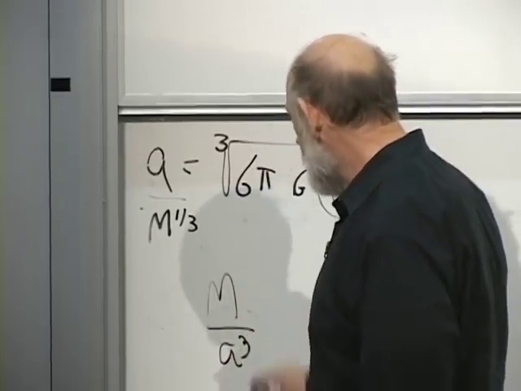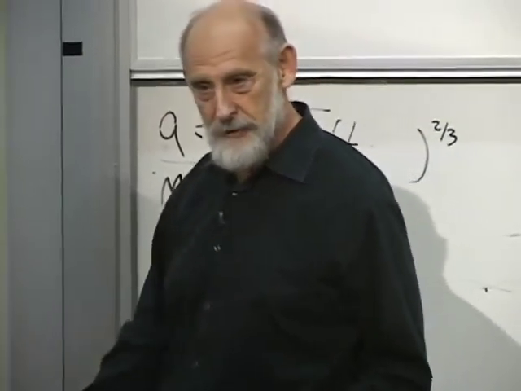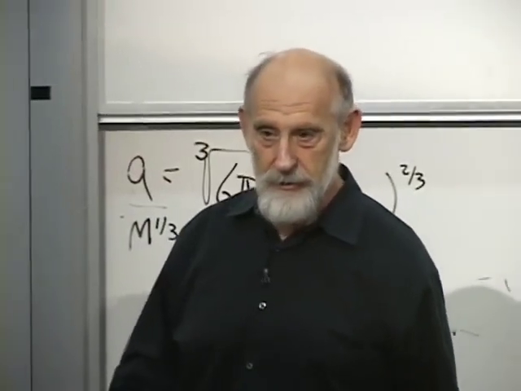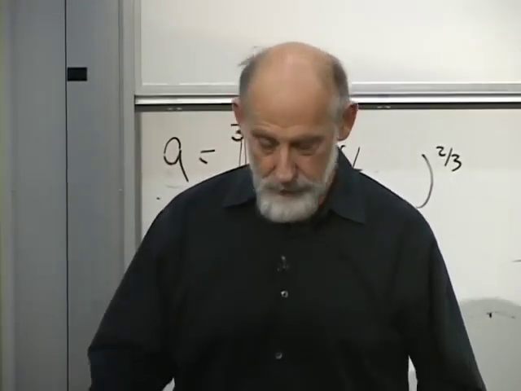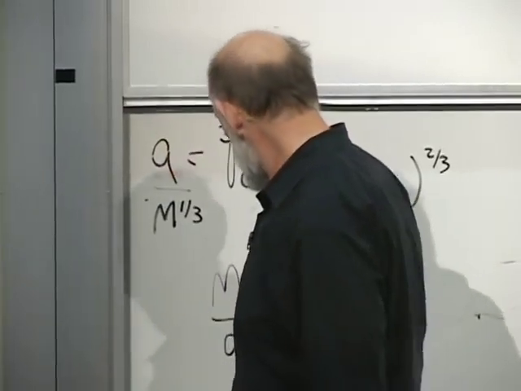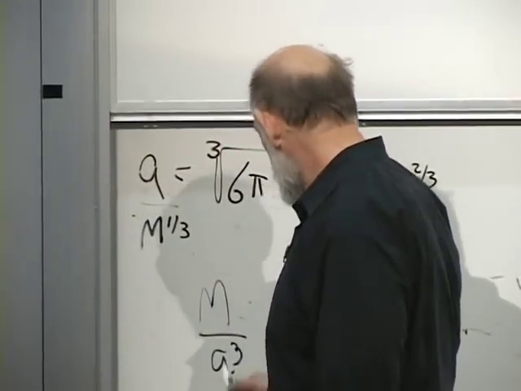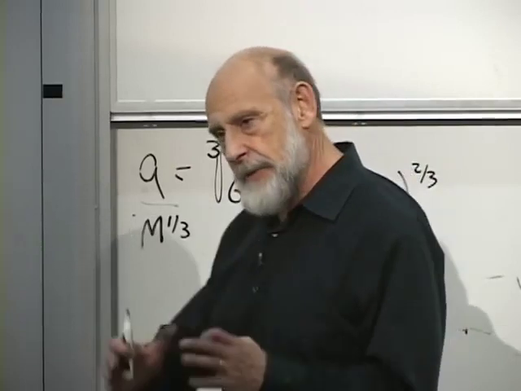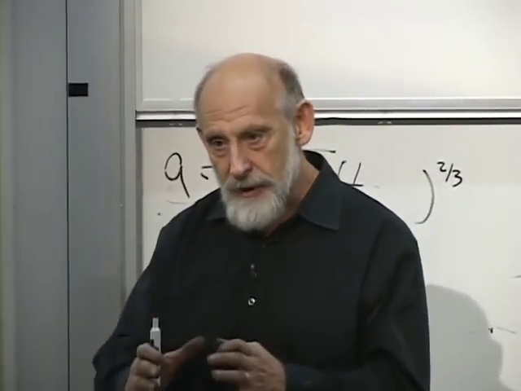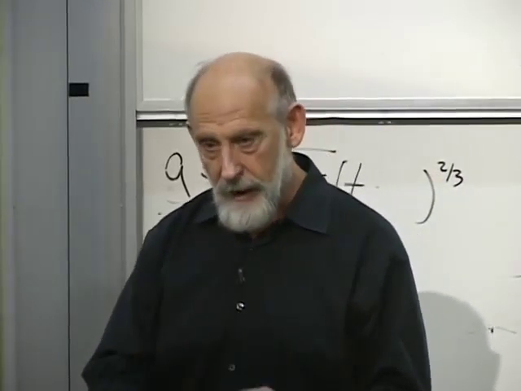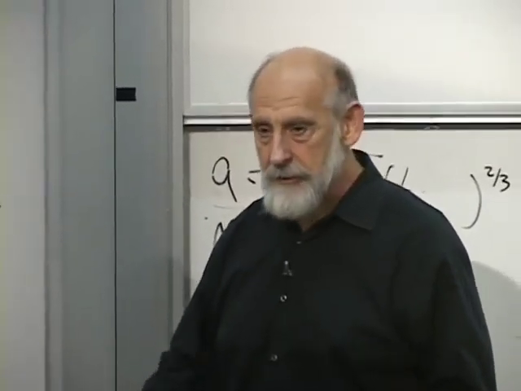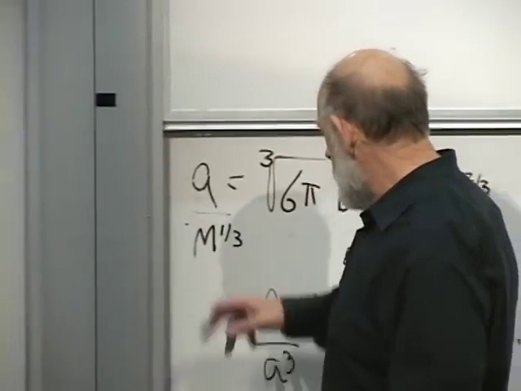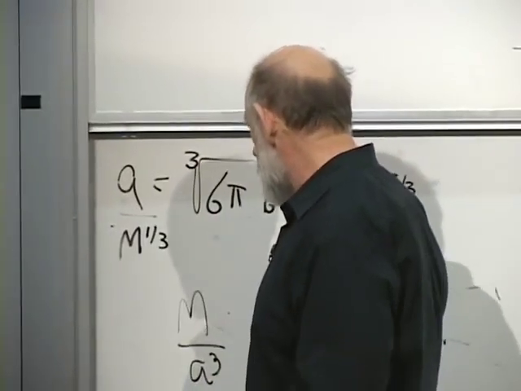This is the density, and that's the thing which has real physical meaning. m was defined to be the mass within a unit box, with an a cubed box. So it is the real physical density of matter.